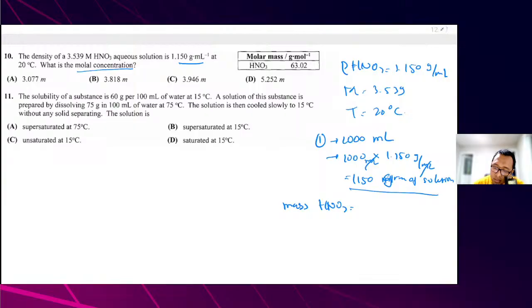We know the density. We already have the mole, right? Yes, this one is mole, 3.539 mole.